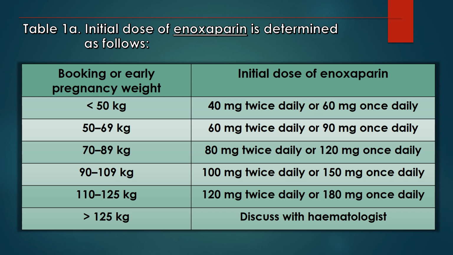Booking or early pregnancy weight less than 50 kilograms: 40 milligrams twice daily or 60 milligrams once daily. 50 to 69 kilograms: 60 milligrams twice daily or 90 milligrams once daily. 70 to 89 kilograms: 80 milligrams twice daily or 120 milligrams once daily. 90 to 109 kilograms: 100 milligrams twice daily or 150 milligrams once daily. 110 to 125 kilograms: 120 milligrams twice daily or 180 milligrams once daily.